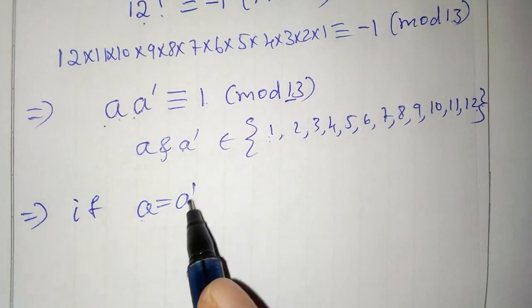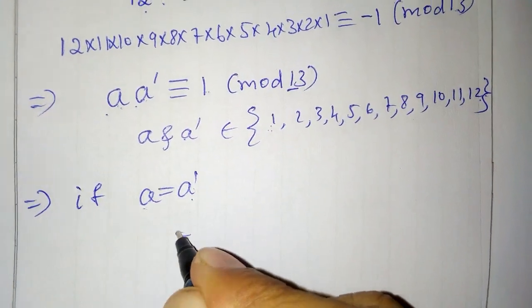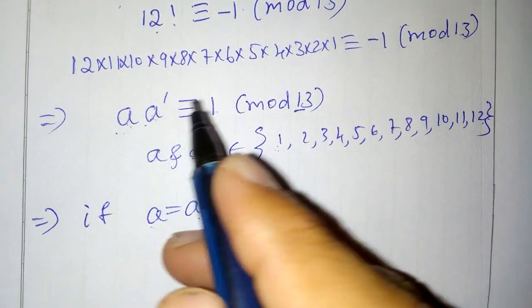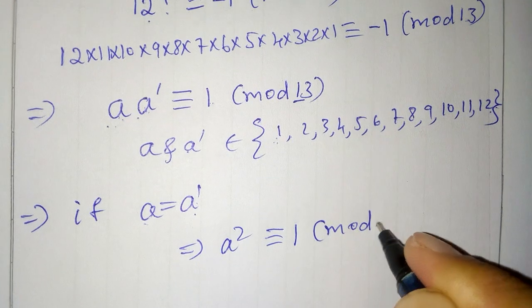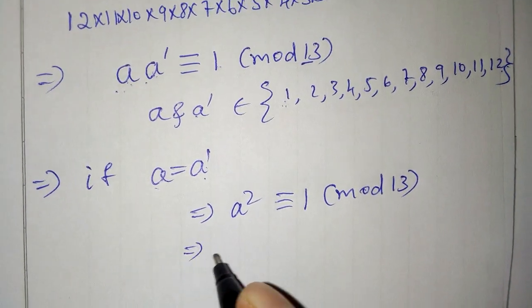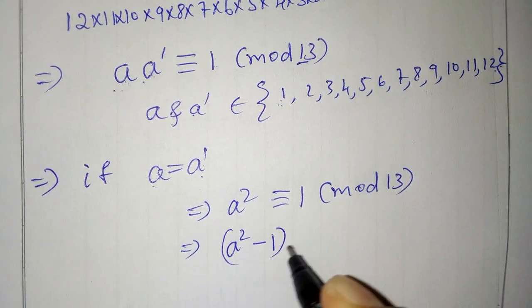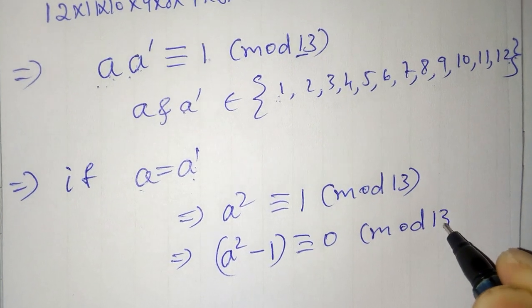In the first case, if a is equal to a dash, what may be the outcome? If a is equal to a dash, then a into a dash becomes a square, and a square and 1 are congruent mod 13. This becomes a square minus 1 and 0 congruent mod 13.